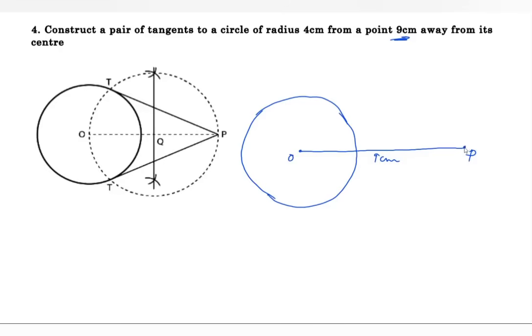Next, from the point P, take your compass and measure more than half of this line segment. From the point P, cut an arc here and here. In the same way, from the point O, without changing the measurement, cut an arc above and below and join this.